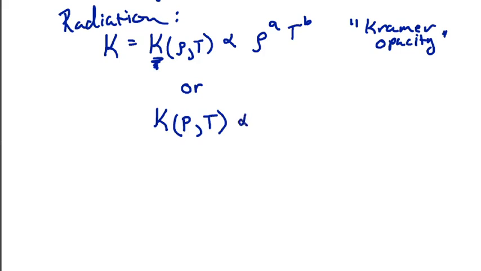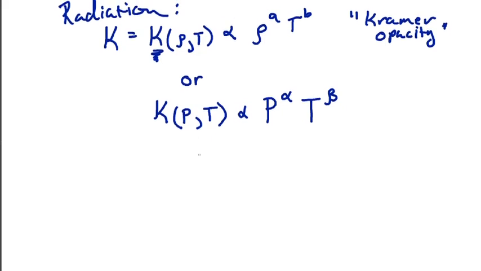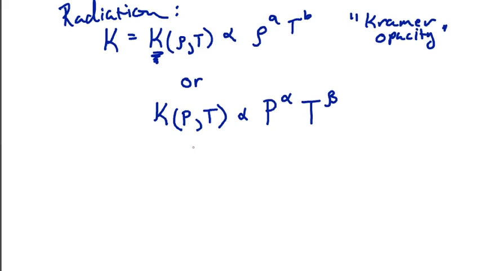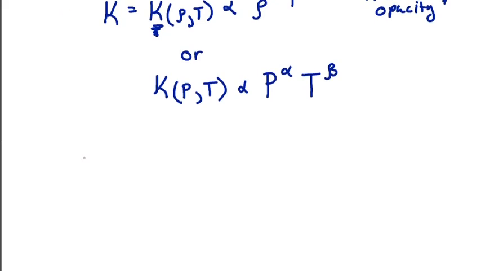And so for the Kramer opacities in P and T, this is P to some, say, alpha, and T to some beta. And the alpha and the beta of P and T are related to the A and B of rho and T if we're dealing with an ideal gas, though that is not necessary for the assumption being made here of a Kramer-like opacity. Okay, so why is this interesting?